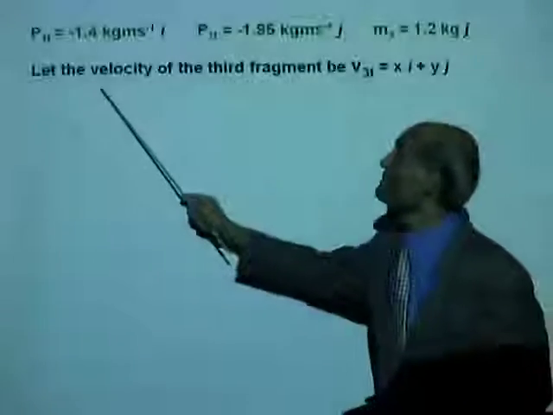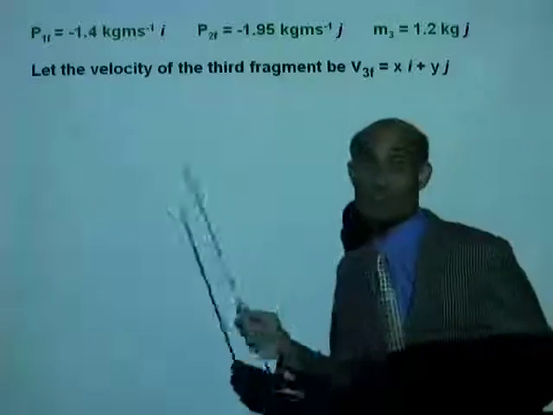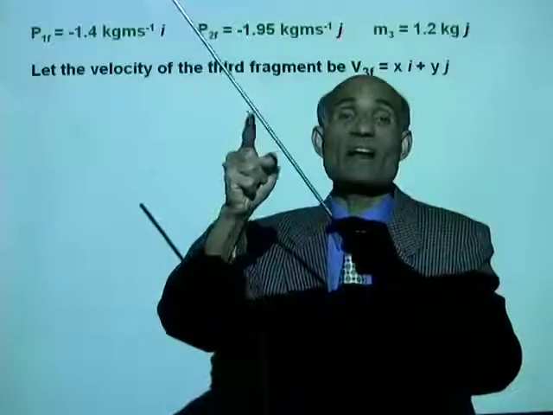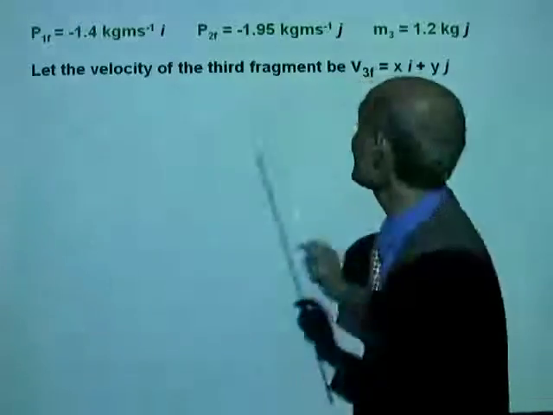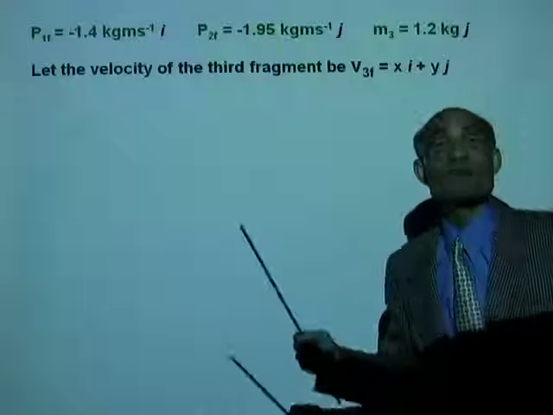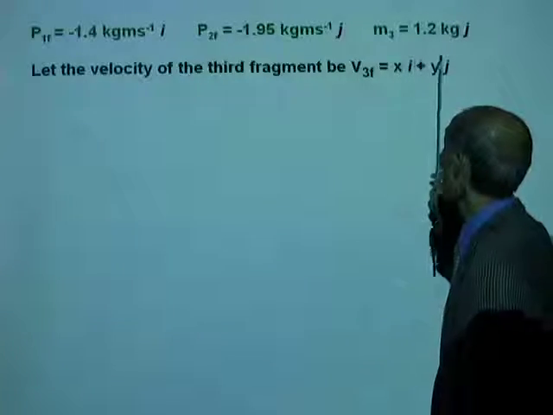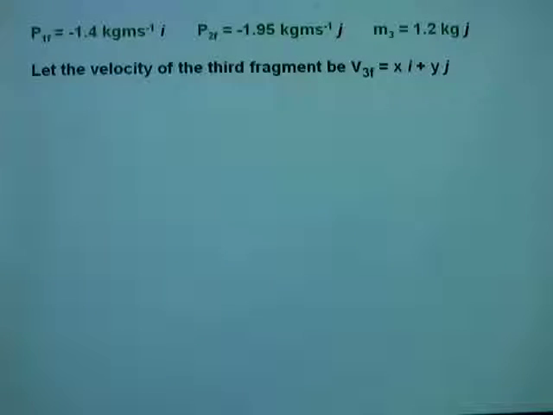Okay, let the velocity of the third fragment be v3f. Remember, v3f is the velocity that makes an angle with the x-axis. So let's say its x component is x and its y component is y. So let v3f be xi plus yj. I hope you understood what this is about.